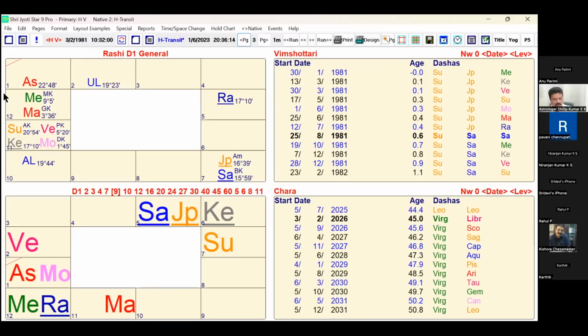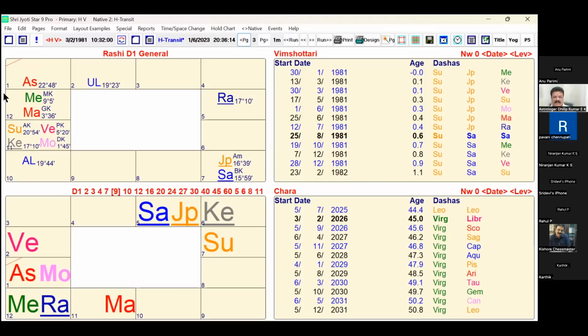Guruji, when we talk about parivartana, do we say parivartana between houses or between the grahas? Normally, parivartana is between rashis. It's normally mentioned as rashi parivartana. But there could be another situation called bhava parivartana. That's somewhat rarer.